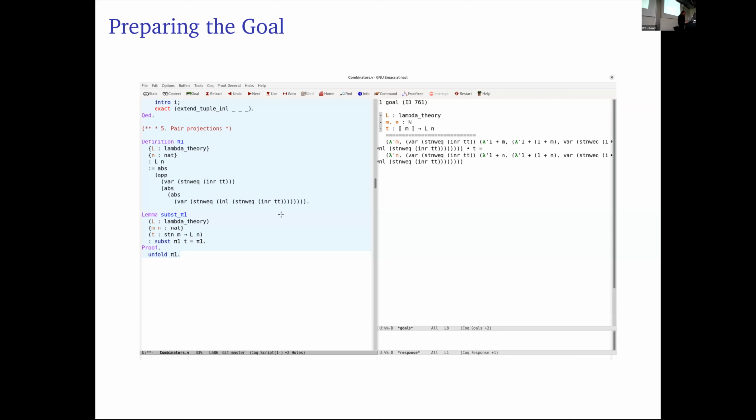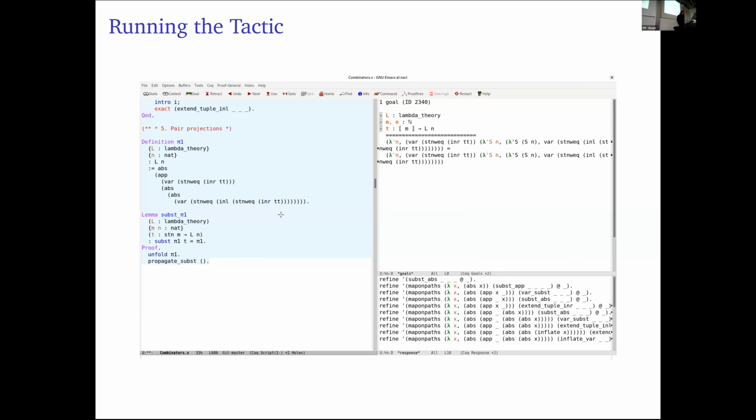So we could either do a lot of manual rewriting to solve this goal, or we apply this tactic propagate subst, which, well, it changes the goal, but also it prints the sequence of tactics that it has produced. And the sequence of tactics is essentially a sequence of very fine-grained rewrites.